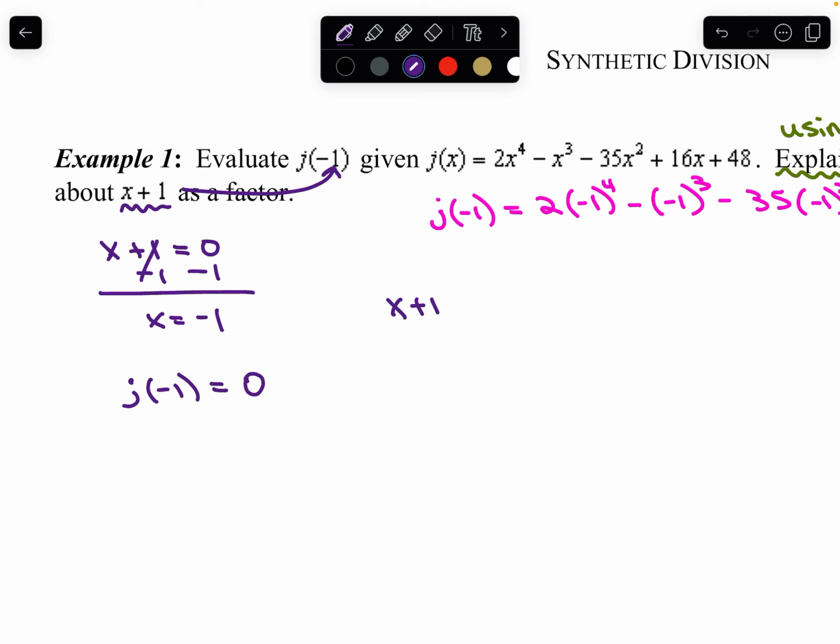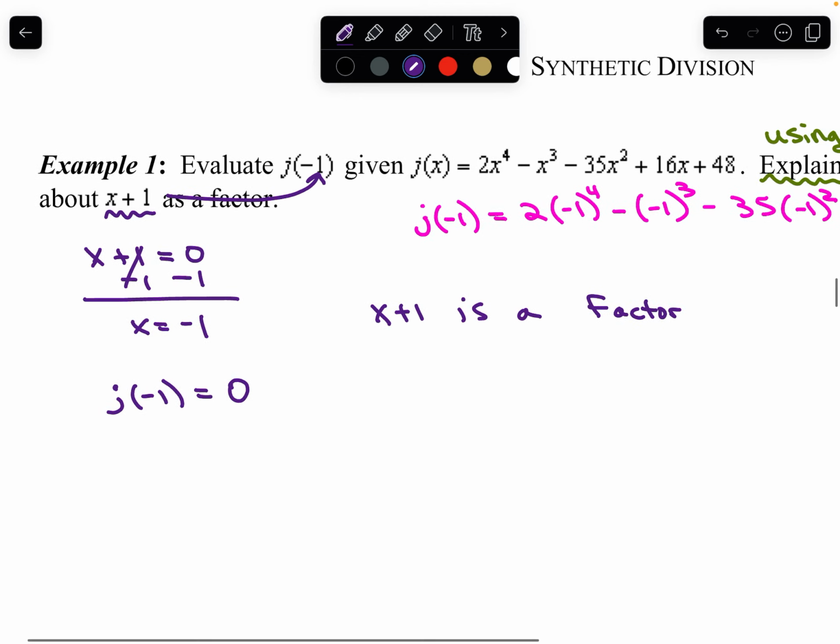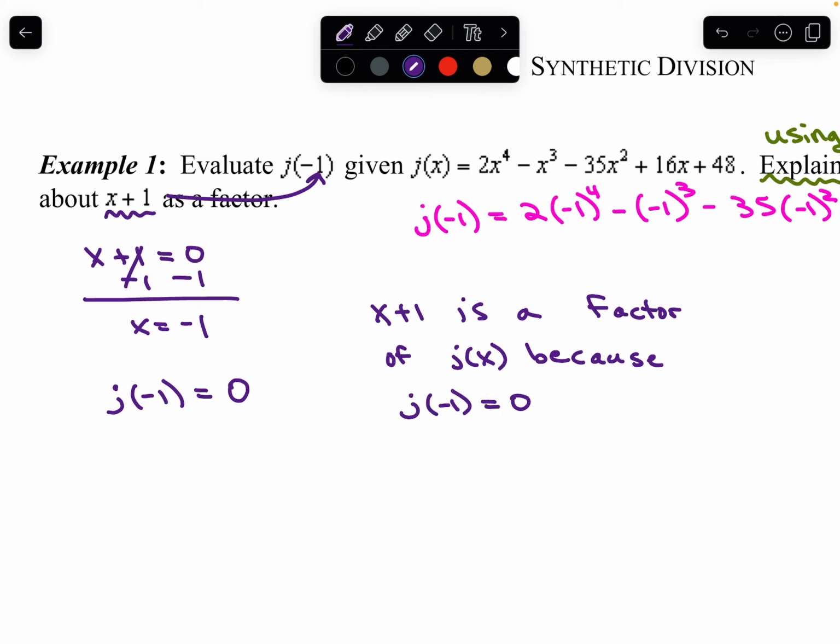And it said explain, so now I need a because. J of negative 1 equals 0. You also could have said because there's no remainder.